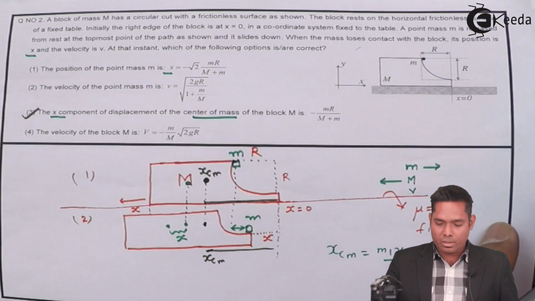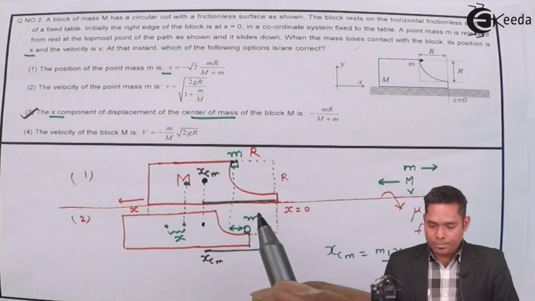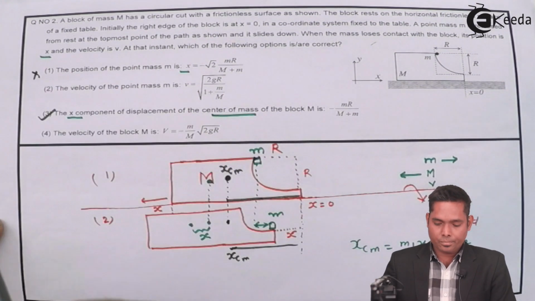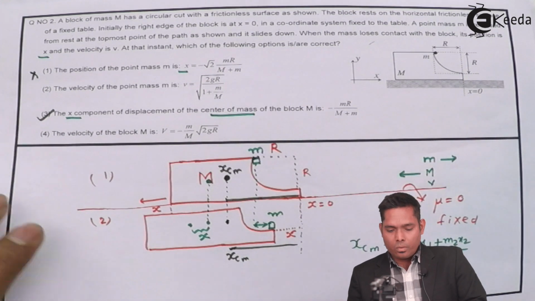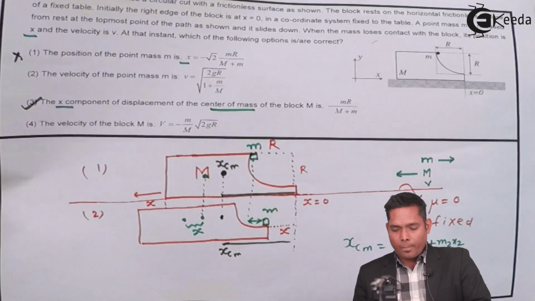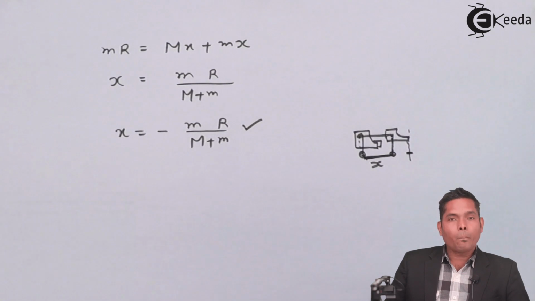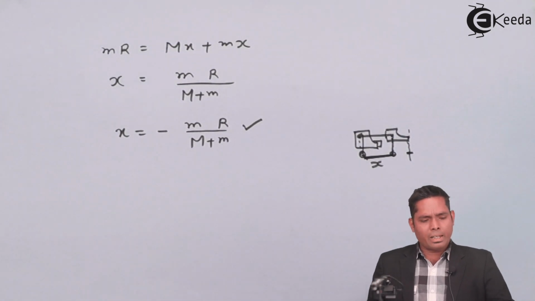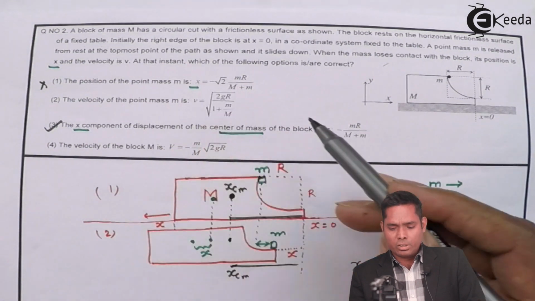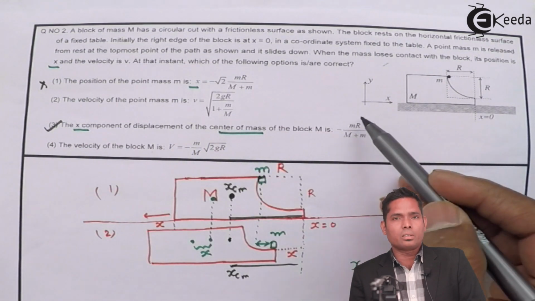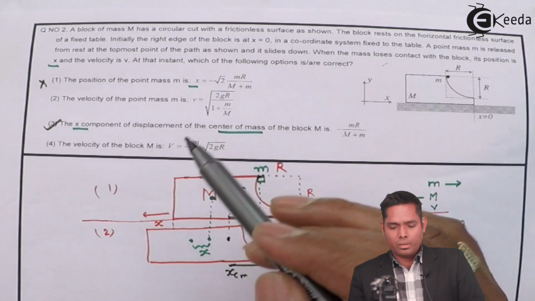So that is not correct. So option number 1 is not correct. So what will be the answer for the position of the point mass m? The answer is this one only, not this one.